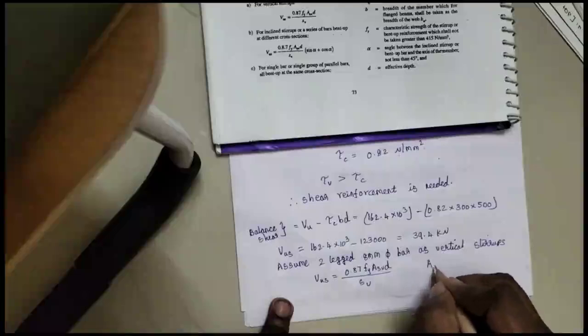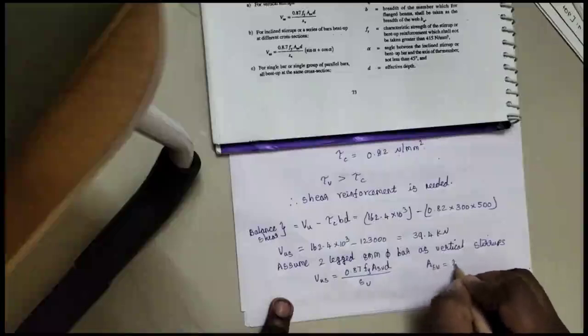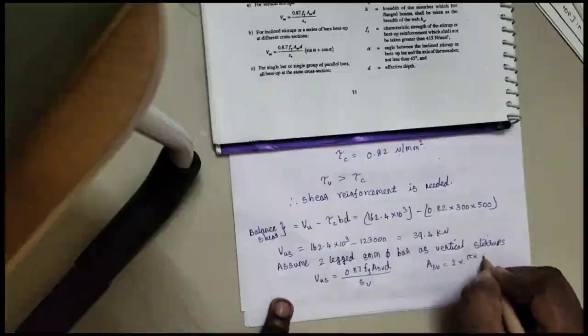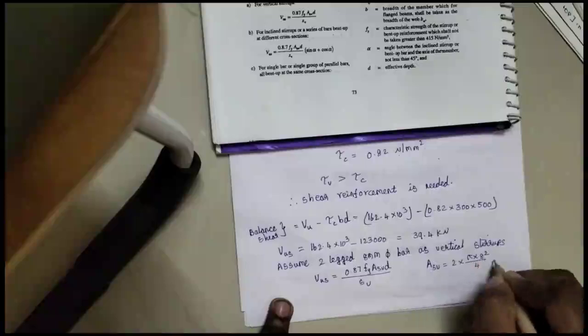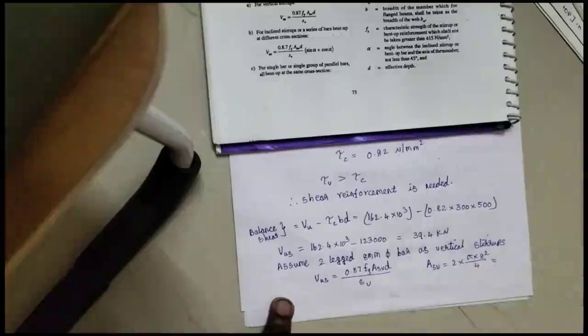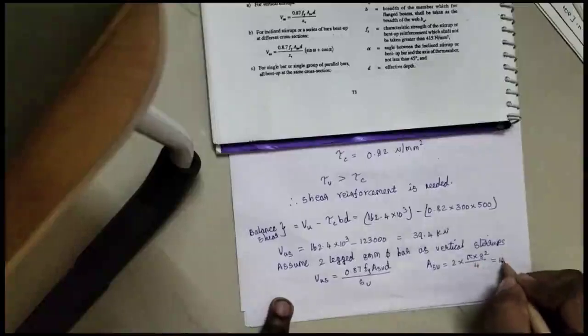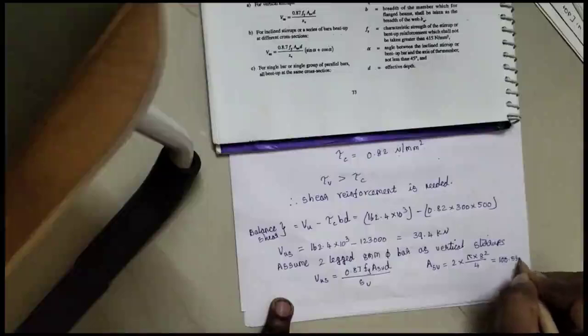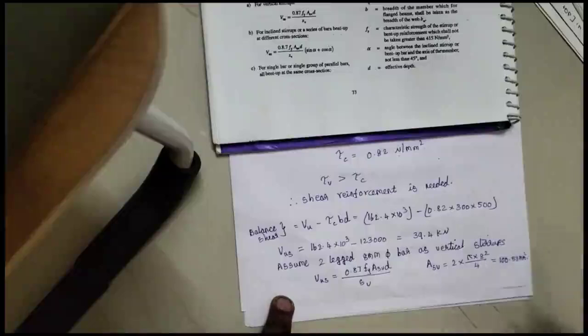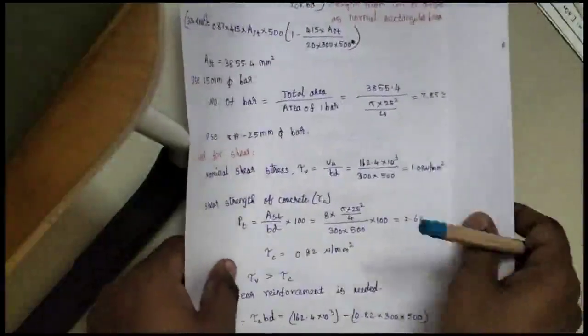To calculate Asv, we are going to provide two legs. So 2 into the area of the bar, which is pi into 8 square divided by 4. If you calculate this, Asv, that is the area of shear reinforcement, is 100.53 mm square. Now I am going to calculate the Sv value.